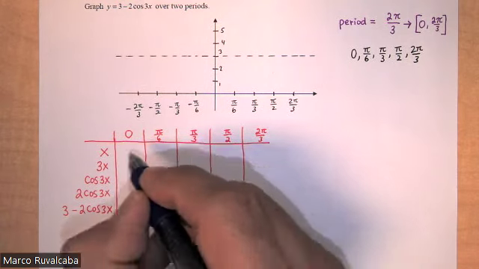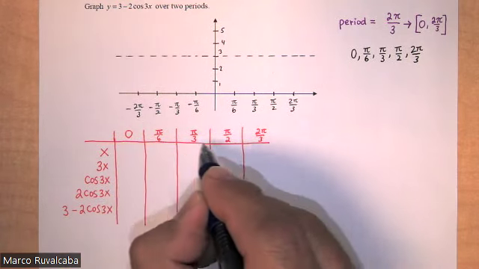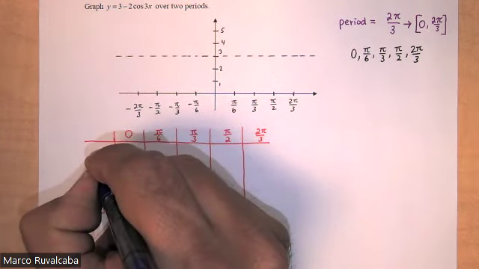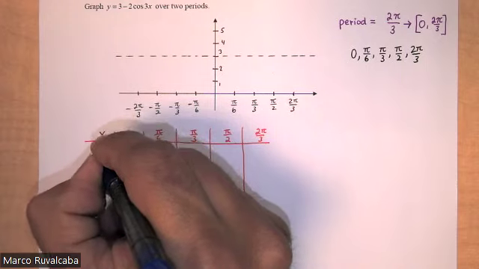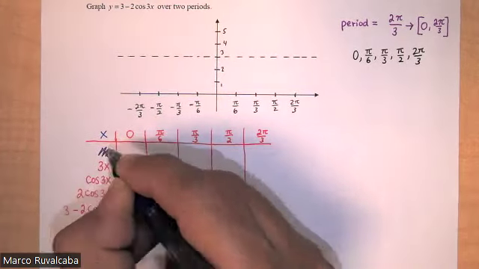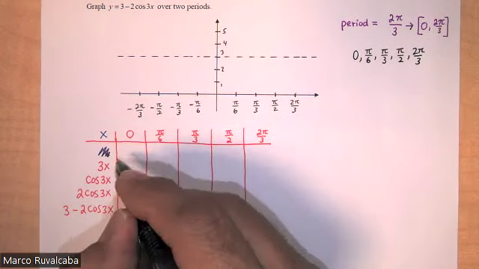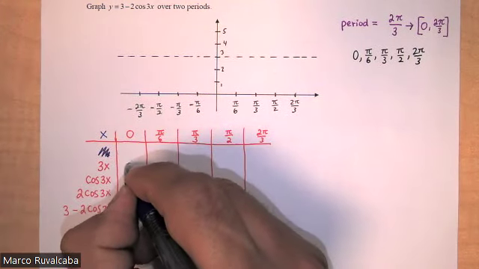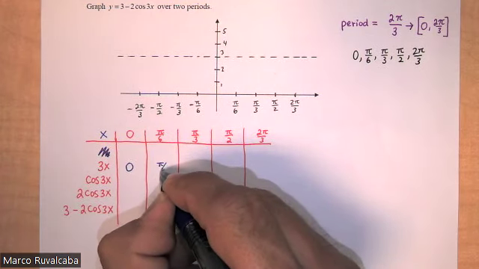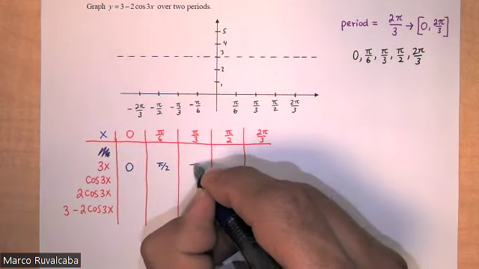So these values were supposed to go here for x. Let's say this is x right here. Okay? And then we're going to triple them. So triple 0, that's 0. Again, this is going to give us our 4 important values on the unit circle.